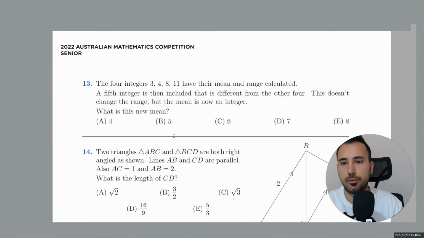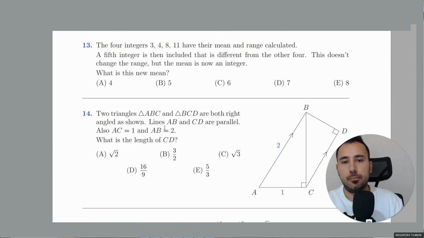So question 13. The four integers 3, 4, 8, 11 have their mean, range, and median calculated. In case you forget, the mean is the average: you add all the numbers together and divide by the count.